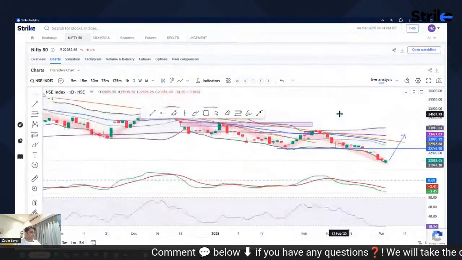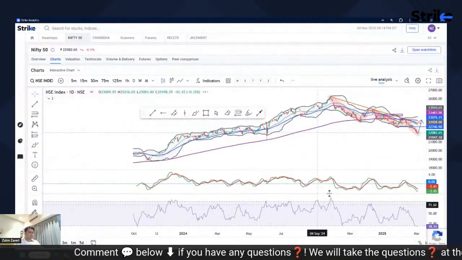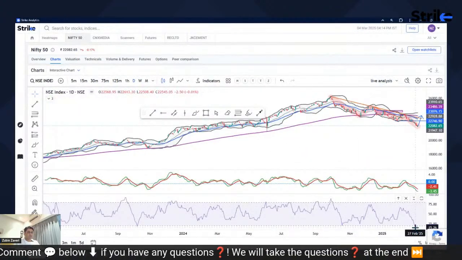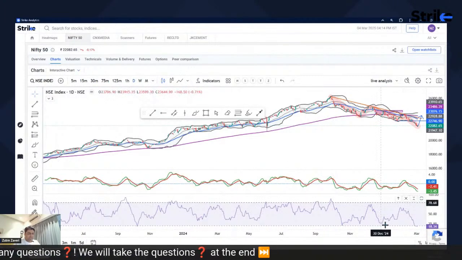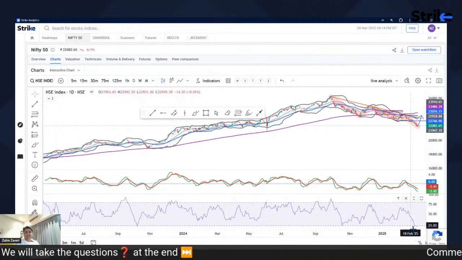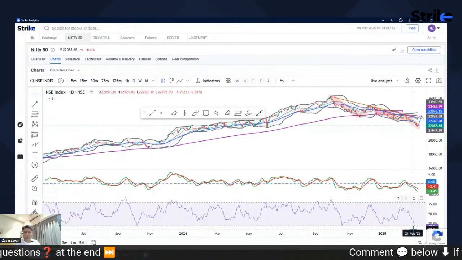Money flow index is also like an oscillator. It has overbought and oversold levels. So just like RSI or stochastic, you can also look at MFI as an indicator, Nagarajuji.